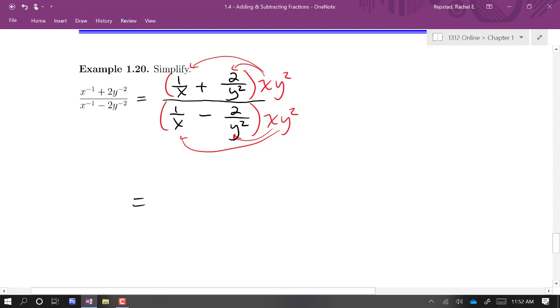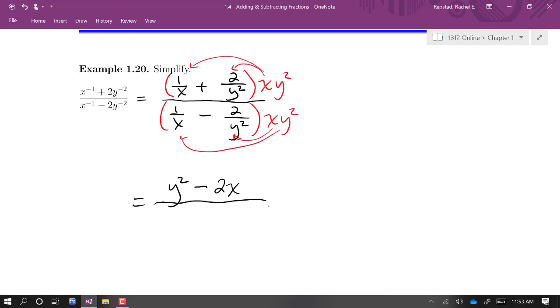When I distribute to that first term up top, the x will cancel with the x on the bottom, and we're just left with y squared. When we distribute to the second fraction up top, the y squareds will cancel, and we're just left with 2x. Notice now we have no fractions up top. This is what is accomplished by multiplying the top and the bottom by the LCD.